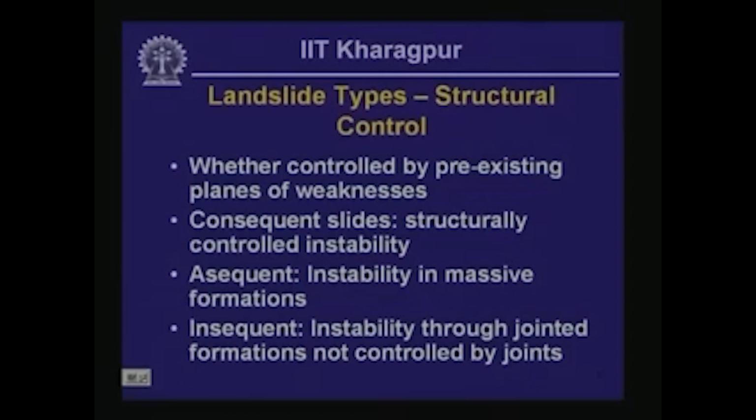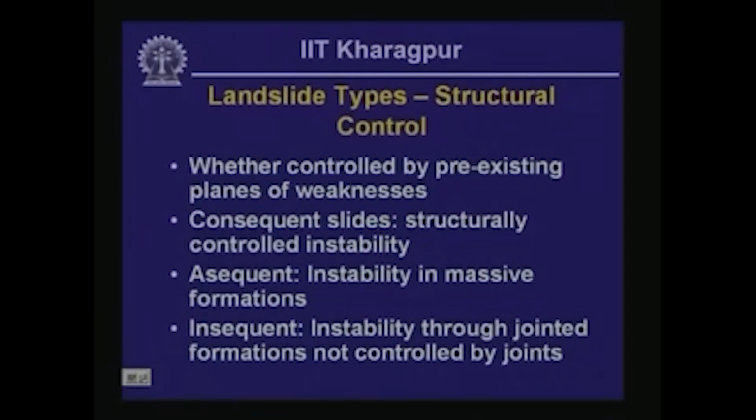The first mode of classification uses whether the landslide is structurally controlled or not, or whether the process is taking place through pre-existing planes of weaknesses, such as if the movement is taking place along a pre-existing joint set, then we are going to call that particular landslide a structurally controlled landslide.